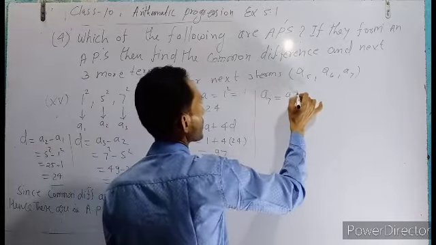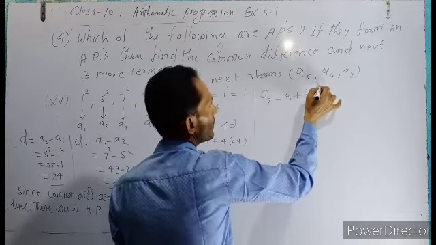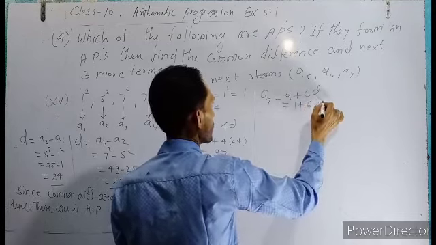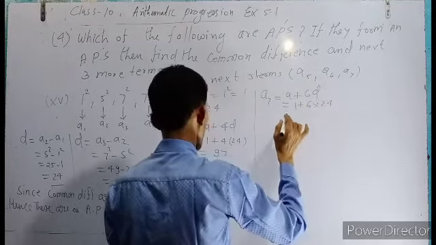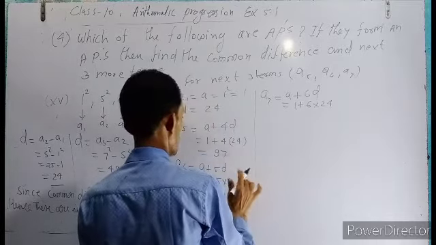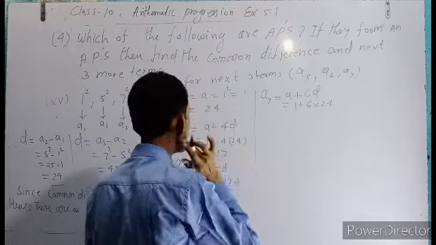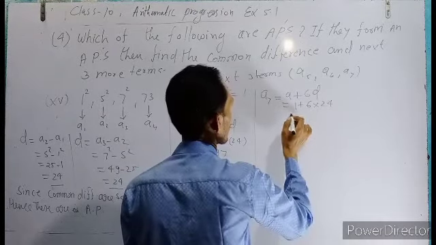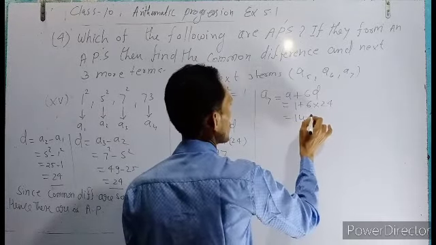A7 means A plus 6D, 1 plus 6 into 24, that will come 145.